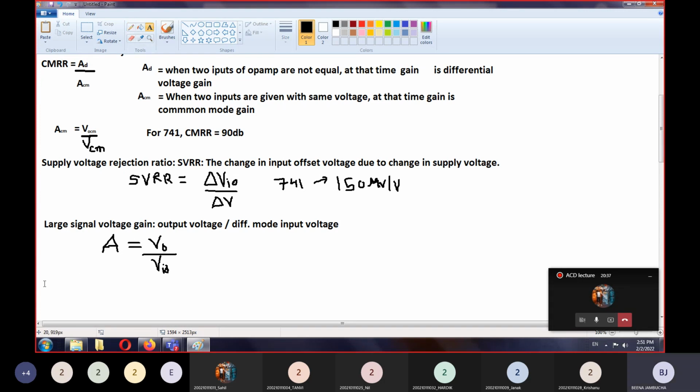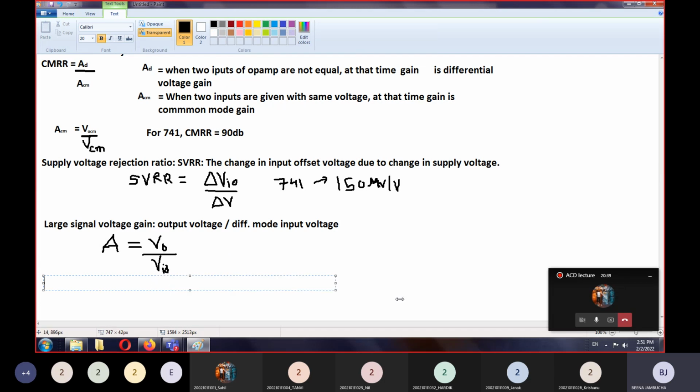Output voltage swing. The next terminology is output voltage swing. It gives the values of positive and negative saturation of the op-amp. Basically it is the saturated values.